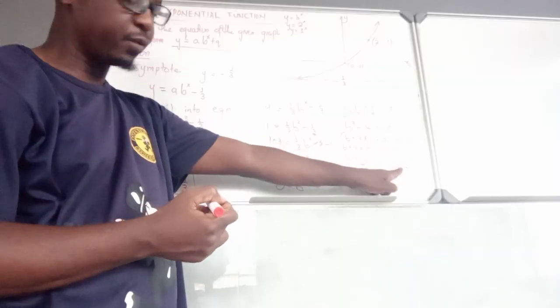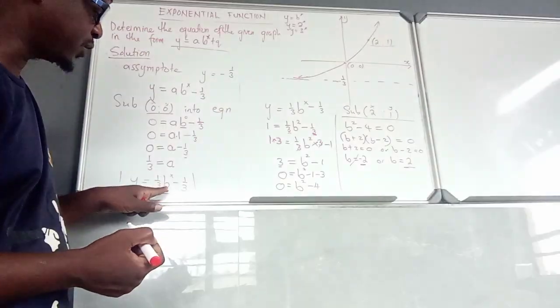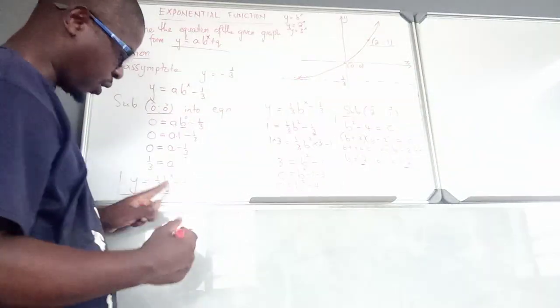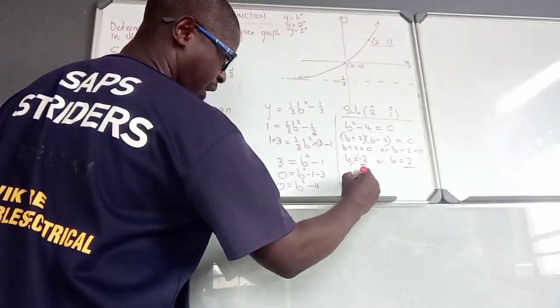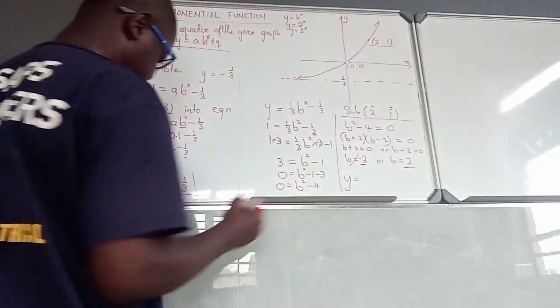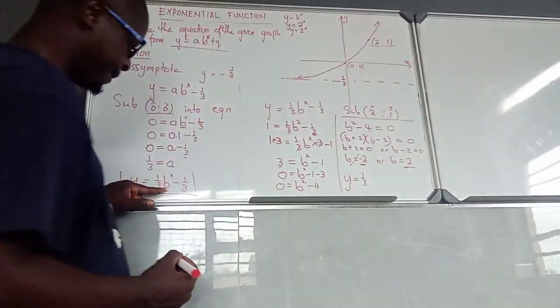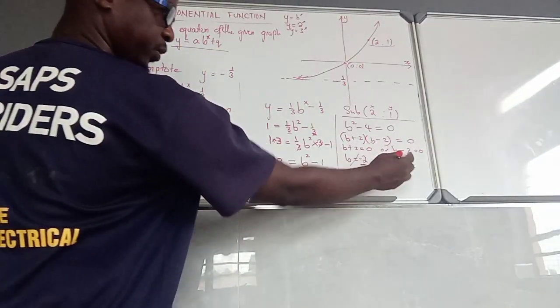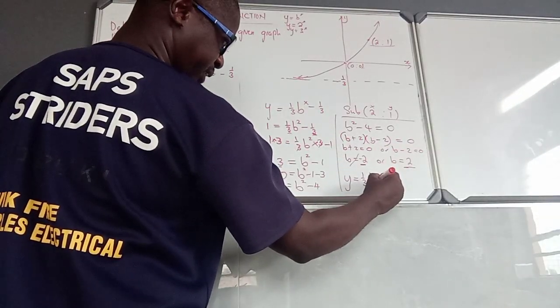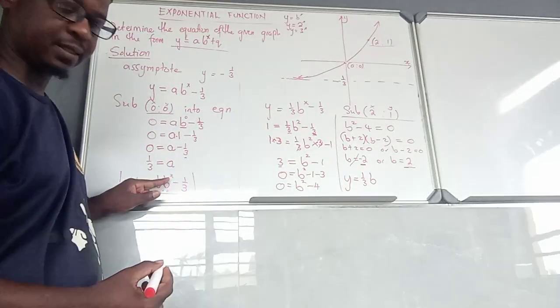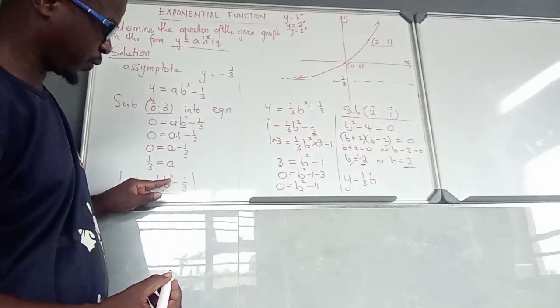Now that we have a value of b, which we said we need to find, we go back into our equation to substitute to say y is equal to a third b, which is, we're going to pick from the positive b, to the power of x. What is my x?